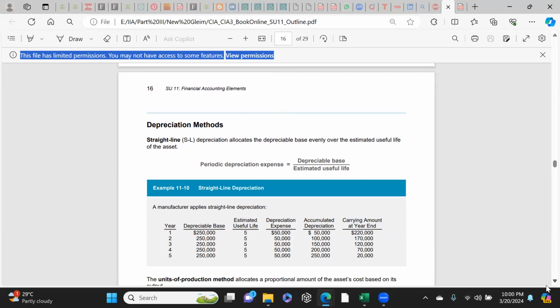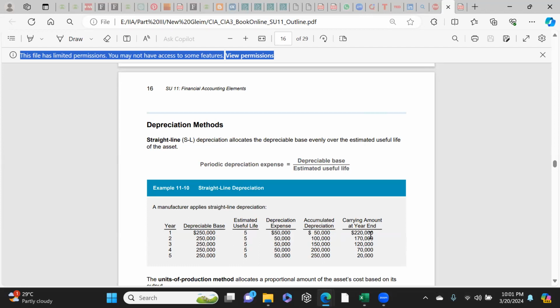So when we use straight line depreciation, 250,000 is the value. There is no further salvage value to deduct, so the depreciable base is 250,000. Estimated useful life is 5 years, so 250 divided by 5 is 50,000. So 50,000 is the depreciation expense, and accumulated depreciation in the first year is also 50.